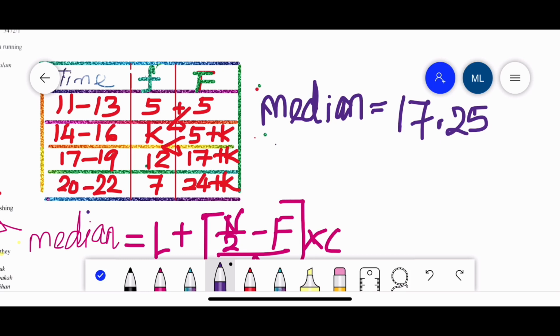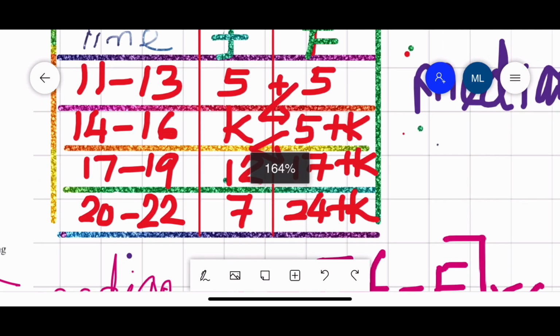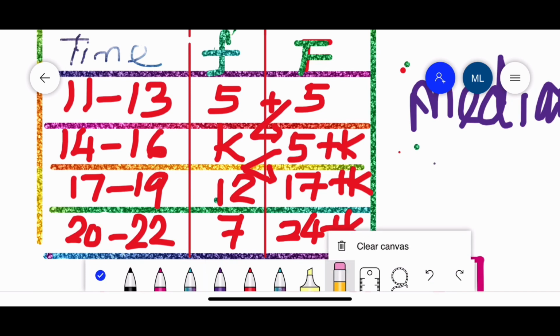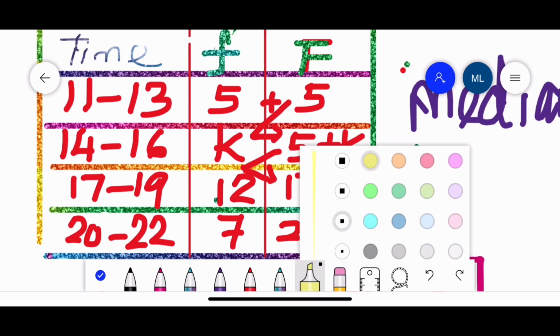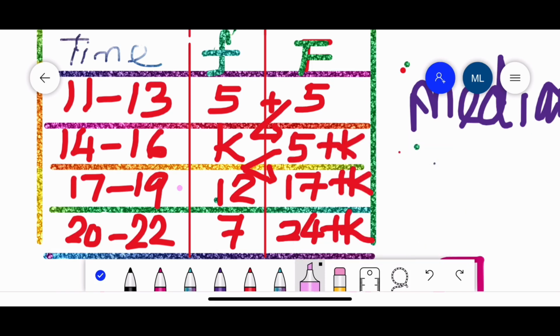So now our median was given as 17.25. Now you take your highlighter, go to the frequency table, and highlight the class interval that the median lies between, 17 to 19.